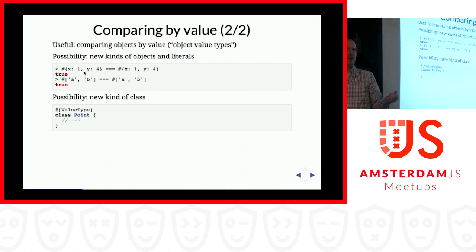And these would produce a new kind of object. And if you compare those, it will be true if the content is the same. The other option would be to annotate a class, and objects produced by that class will be compared by value. So you could implement your own class for points. That's the canonical, easy to understand example.